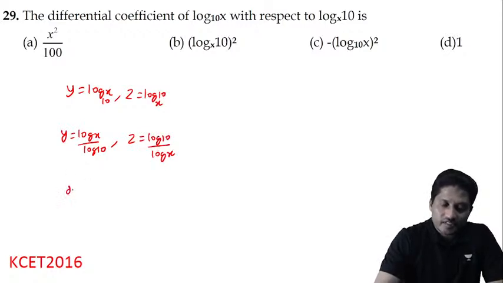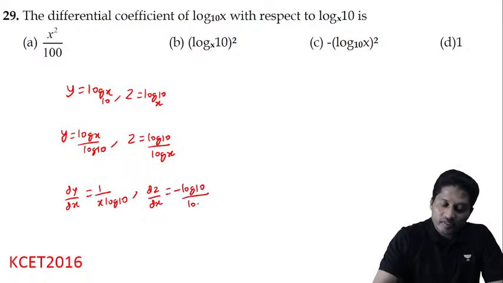Now if I differentiate, you get dy by dx is equal to, differentiation of log x is 1 by x, so 1 by x into log 10. Dz by dx is equal to log 10 times the differentiation of 1 by log x, which is minus 1 by log x the whole square, times the differentiation of log x, which is 1 by x.